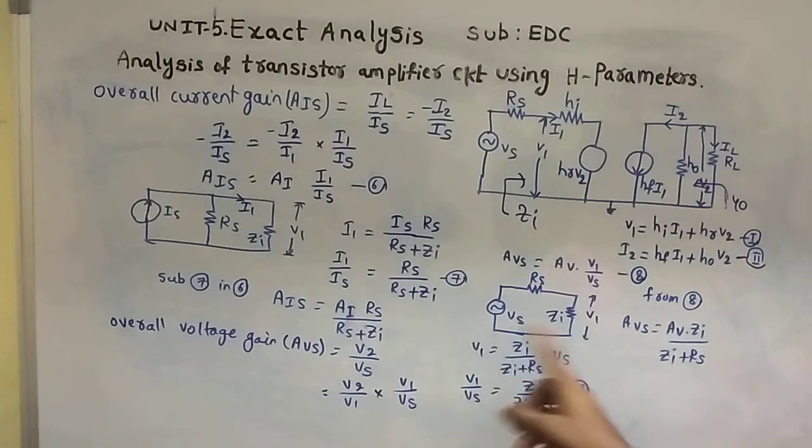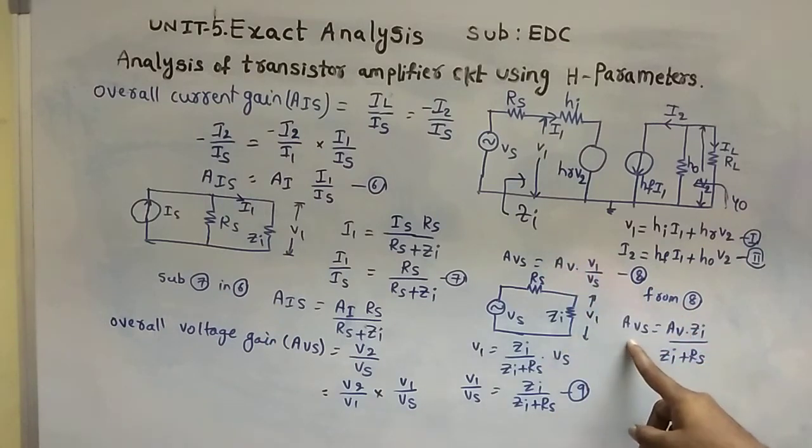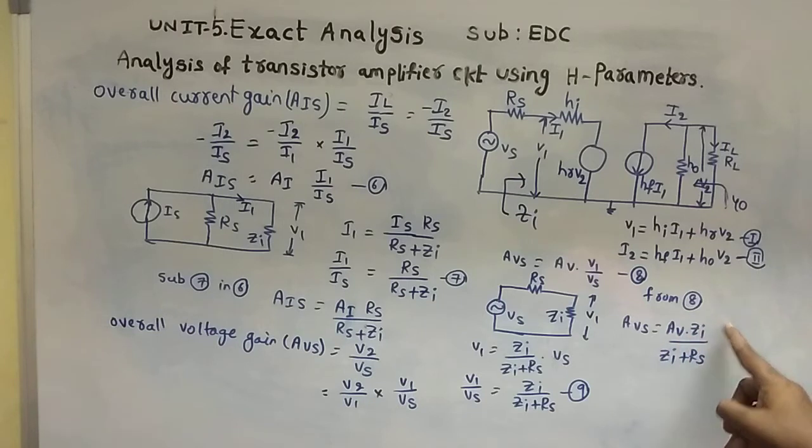From this V1 by Vs is equal to Zi by (Zi plus Rs). This one you can substitute in the eighth equation. Then AVS is equal to AV into Zi by (Zi plus Rs). This is the overall voltage gain in the transistor amplifier.